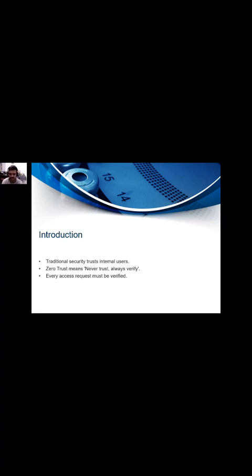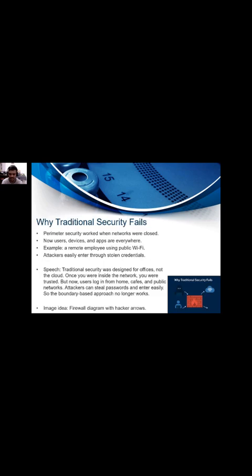Why traditional security fails. Let's understand why the old security model no longer works. In the past, companies built a perimeter-based defense using firewalls and antivirus systems, like building a big wall around a house, assuming that everyone inside the wall is family. But in today's scenario, the house has open doors and windows.